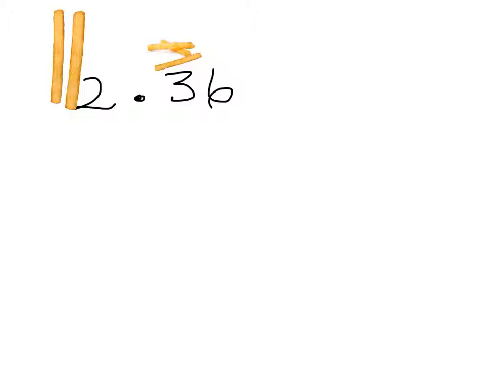Now you might be wondering, what do we call this number here? Well, yes, we call it a decimal, but I mean, what's its name? Well, we call this number 2, because that's what it is. And when we get to the decimal point right here, we say and. Then we just say the name of this number as though it was a regular number, which is 36.